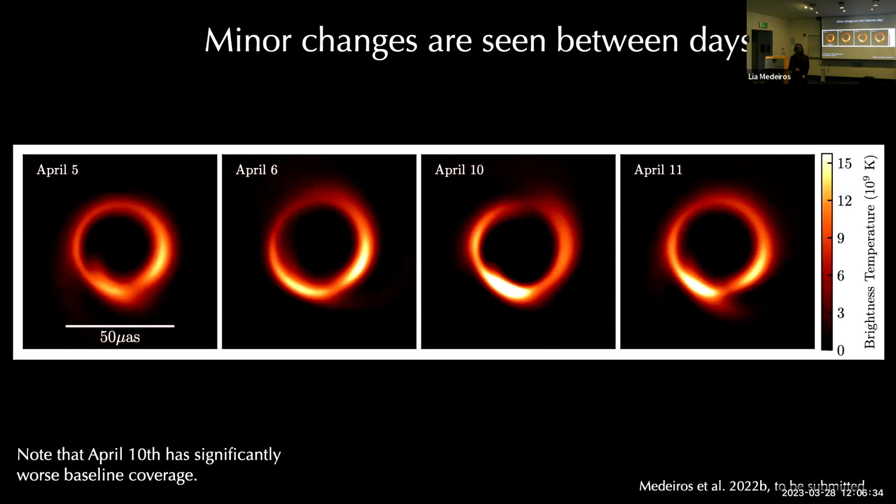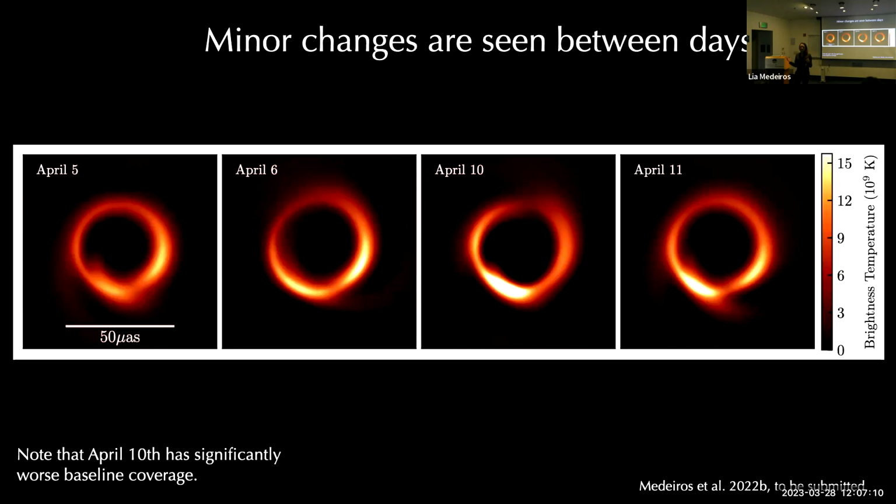Yes. So even at this level of change, we do expect to see a little bit of variability. Between the observations that we did in 2017 and what we're seeing now in 2023, the realization of the turbulence could be completely different. We think that because of the orientation angle of the spin axis of the black hole, based on the fact that we observe this really large scale jet at longer radio frequencies, we expect that the southern half will be brighter more frequently than any other part.